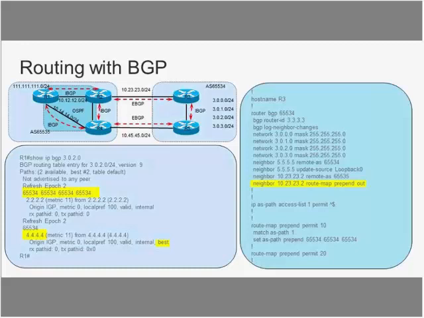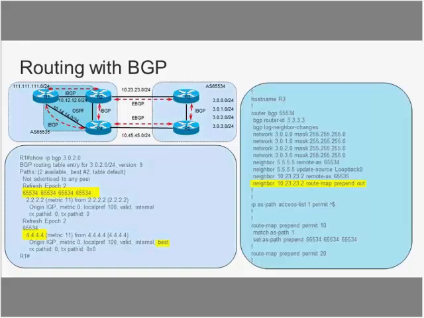So apart from those, you can influence the routing by prepending the AS numbers. What you do is you configure a route map and say set as-path prepend. What it does is, on top of your own AS number, it also prepends the AS number that you have put in the route map.